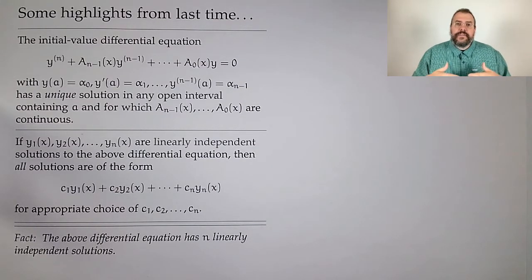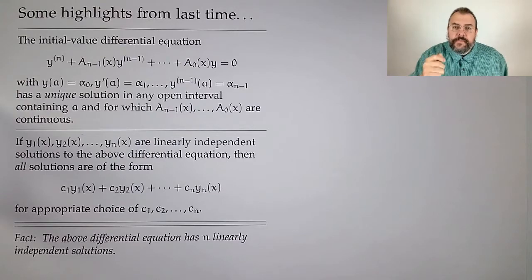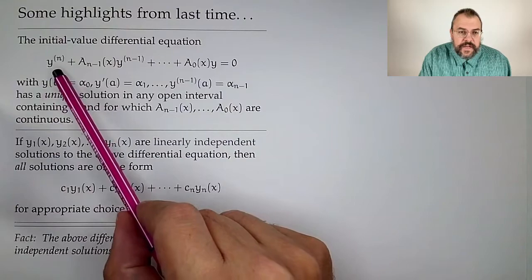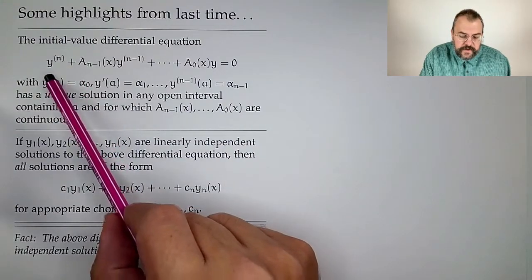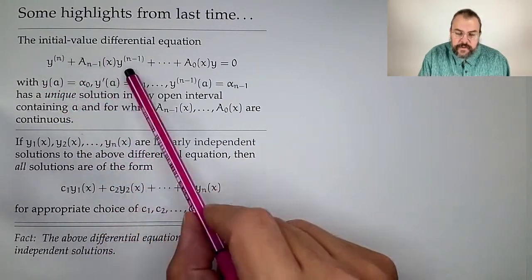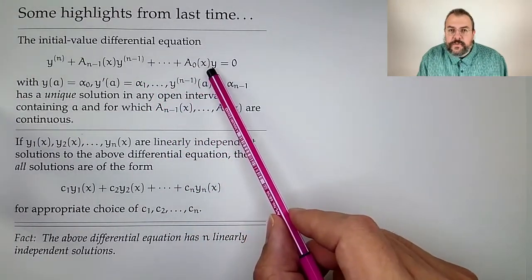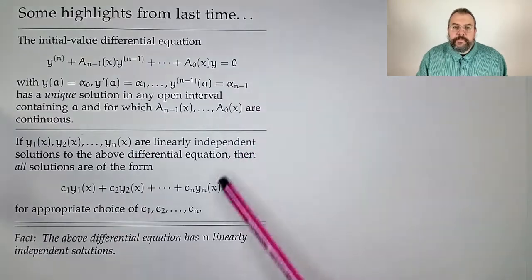Well, we talked about these higher order differential equations, and we said, well, what can we say? Well, one nice result is suppose we have a differential equation. So we have an nth derivative plus some function of x times the n minus first derivative, and so forth, plus some function of x times just y, equals 0.